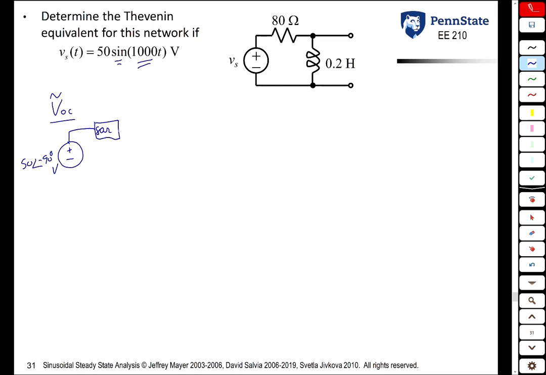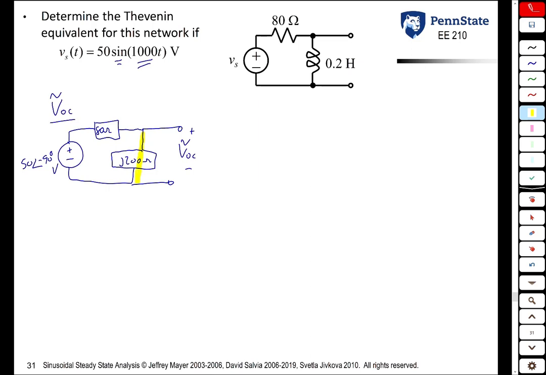An 80 ohm resistor has an impedance of 80 ohms still. A 0.2 henry inductor, its impedance is jωL, so it's going to be j times 1000 times 0.2, or j200 ohms. So VOC tilde is that, and we can use voltage division.